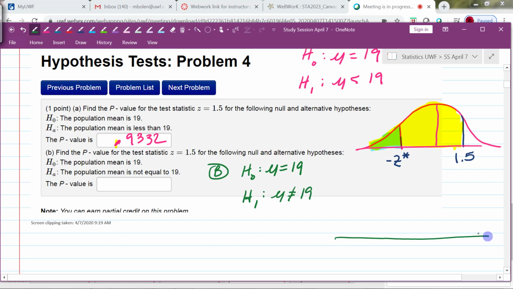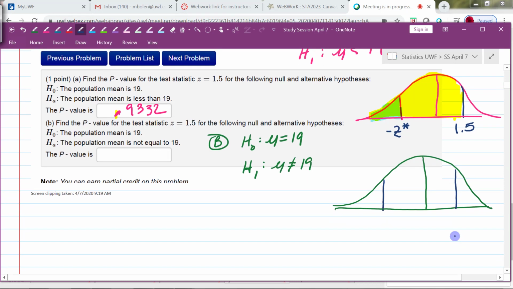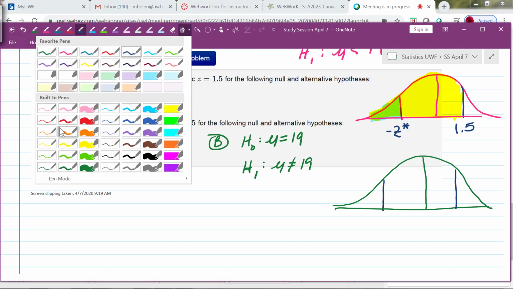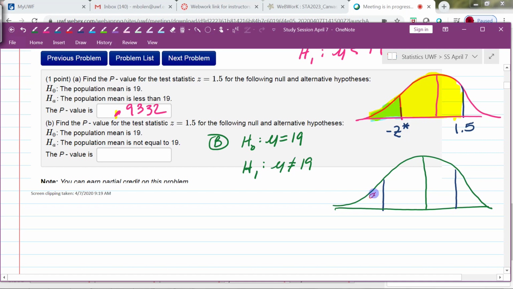Alrighty, so here we go. Not equal to means I have two areas that I need to be concerned about. Because if I was doing this with alpha, I would be putting half of alpha here, half of alpha here, because it's a not equal.